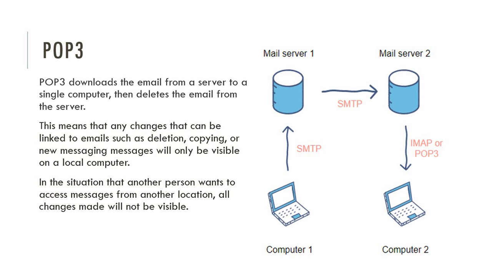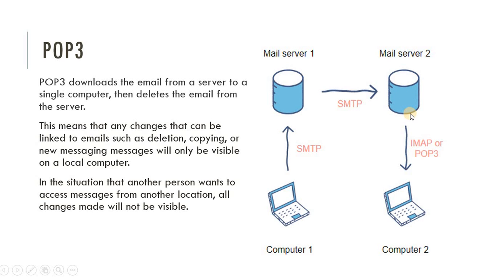POP3 downloads the email from the server to a single computer and then deletes the email from the server. So what does it mean? First, the client sends an email with the SMTP protocol to the mail server. Now the mail server sends the email to mail server 2, which is the receiver's mail server, with the SMTP protocol. So in this process, the protocol used is SMTP.